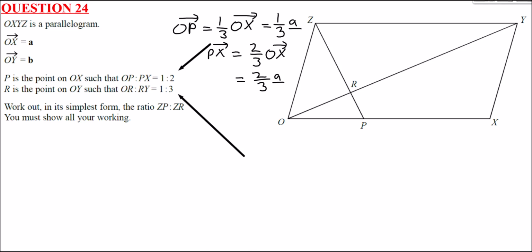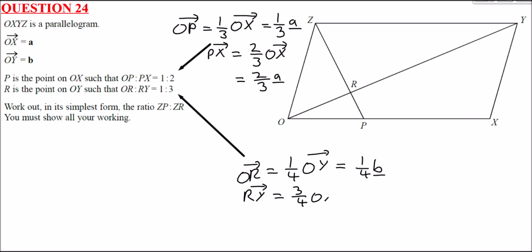So OR is going to be 1/4 the full distance from O to Y. But O to Y is B, so 1/4 of that is 1/4 of B. And in the same way, from R to Y, that'll be the other 3/4 of O to Y, so that's going to be 3/4 of B.